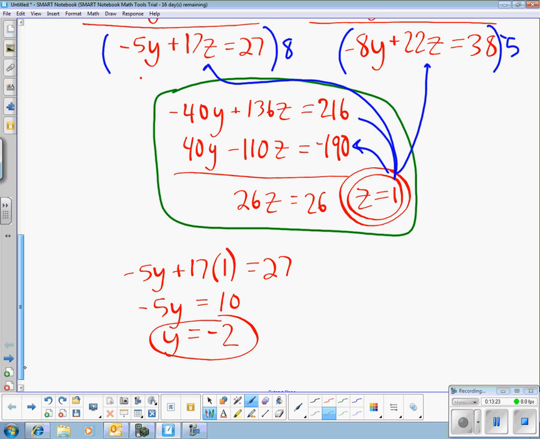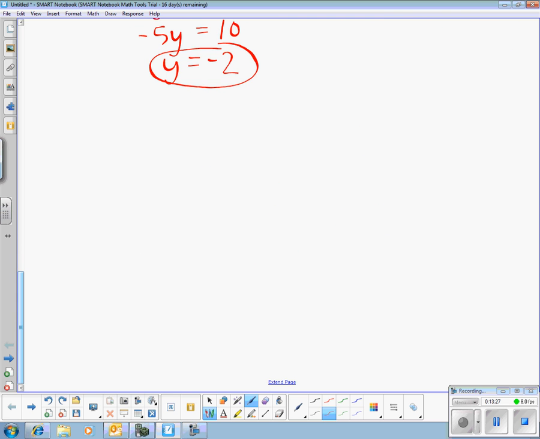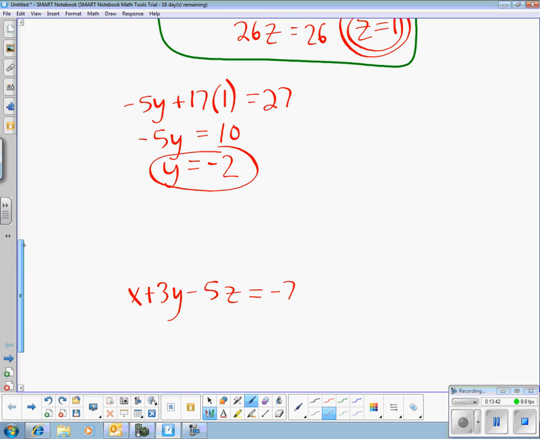Okay, so to finish this thing up, my second original equation was x plus 3y minus 5z equals negative 7. Now the new info that I have is that y is negative 2 and z is 1.